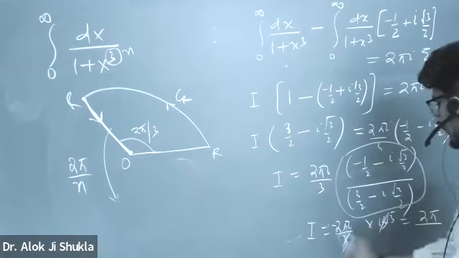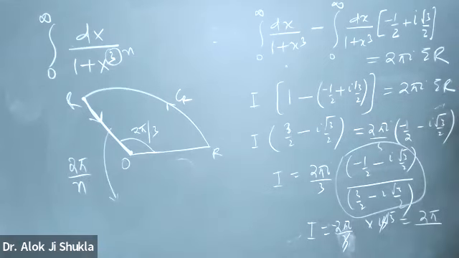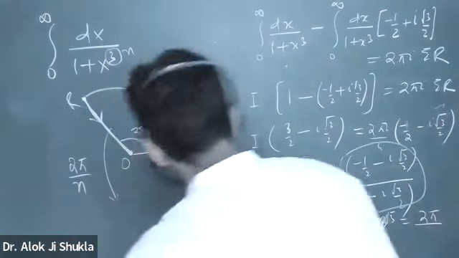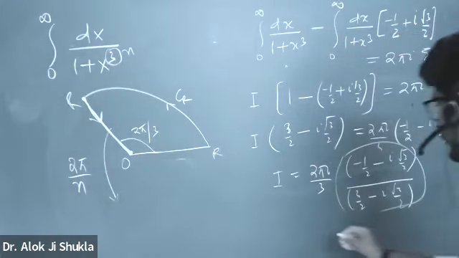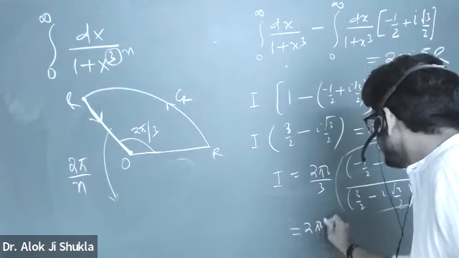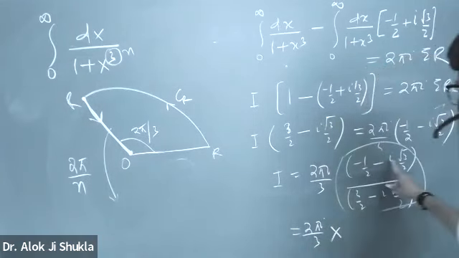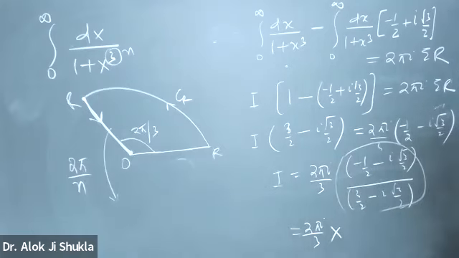Then 3 and 3 cancel, and i square will cancel with minus. So it will become 2 pi by... just a second. Tell me step by step so that people can check later. 2 pi i by 3 into what are you getting for this after rationalizing?